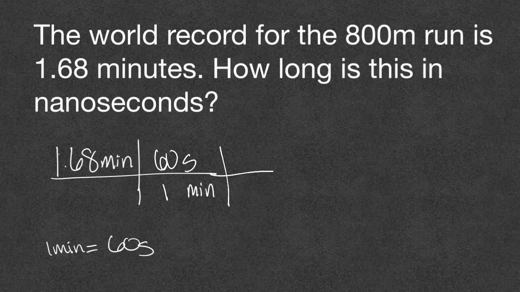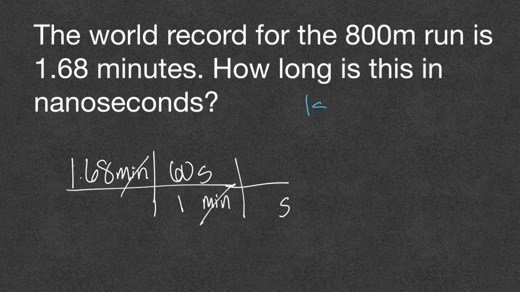Now I'm looking for nanoseconds, and I'm only to seconds, so that tells me I need another conversion factor. Before I add this conversion factor, I'm going to put seconds on bottom. So 1 second is equal to 1 times 10 to the 9 nanoseconds. So let's put that onto our problem.